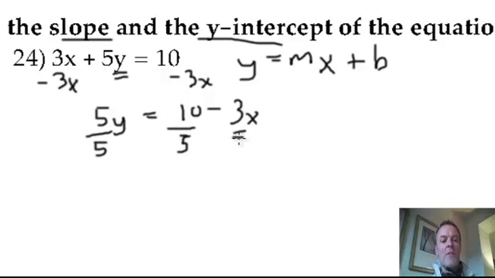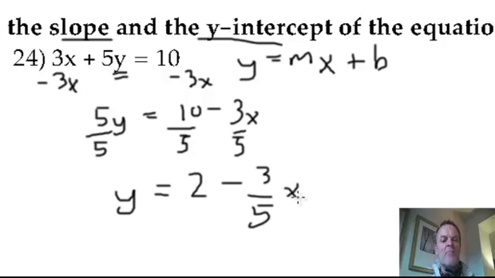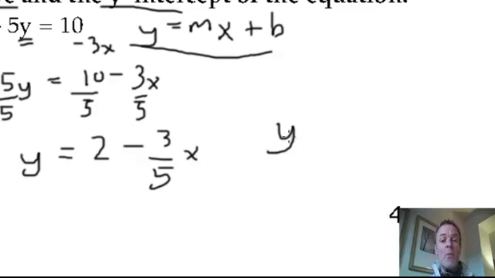So you're going to have y equals 10 divided by 5 is 2, and just write that as minus 3/5 x. Now this is kind of written back to front if I want to write y equals mx plus b. So finally y equals, put the negative 3/5 x first with a plus 2 second.